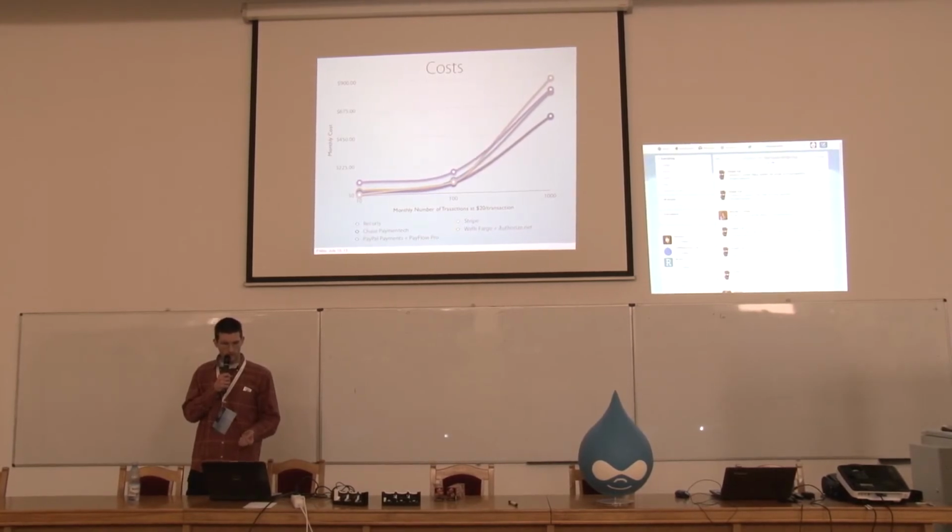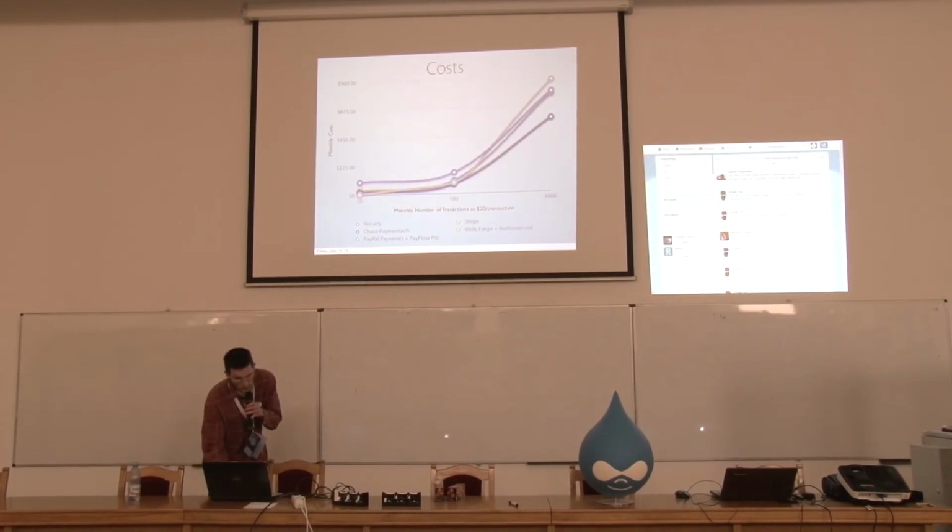So you can make a graph like this. On the horizontal axis, you have the monthly number of transactions, and if one transaction is $20, then you have to make many transactions to make Recurly worth using. So you can see that it starts at $100.